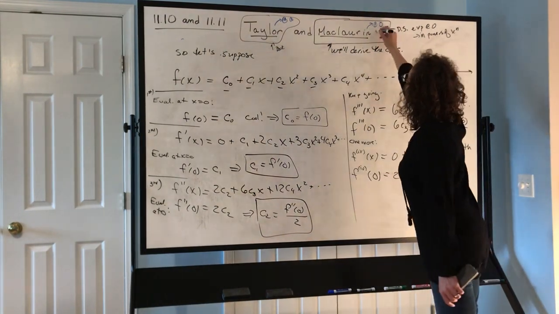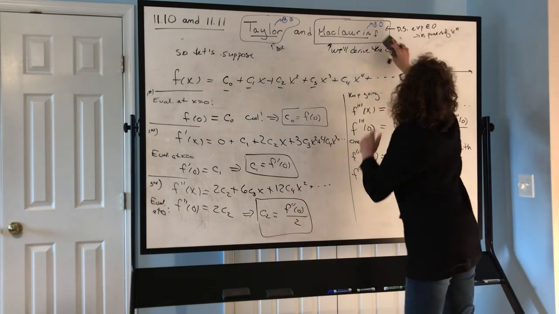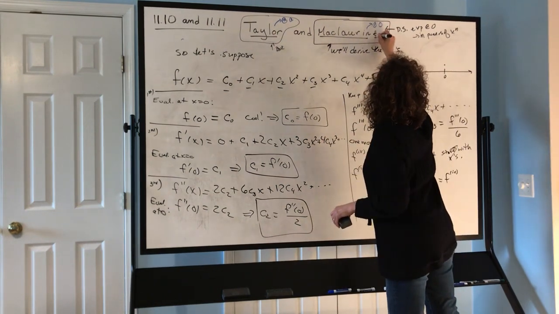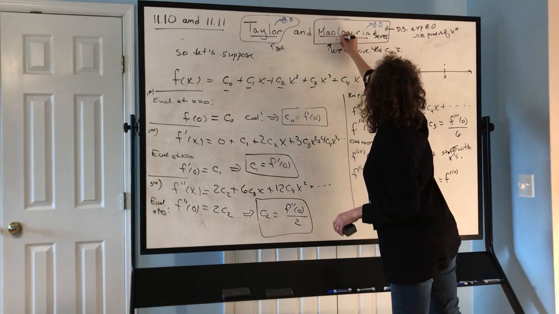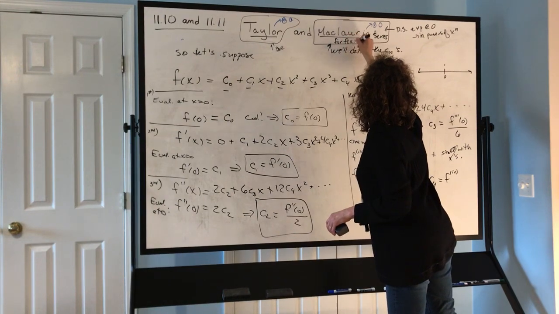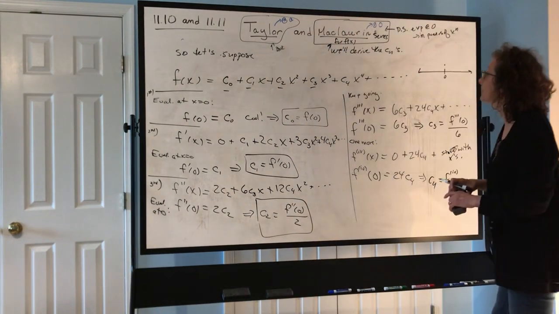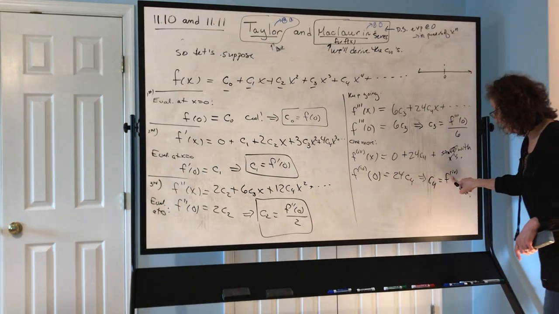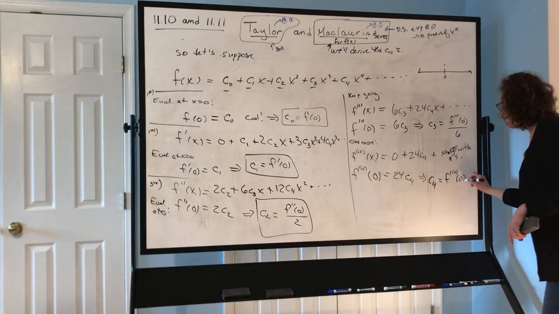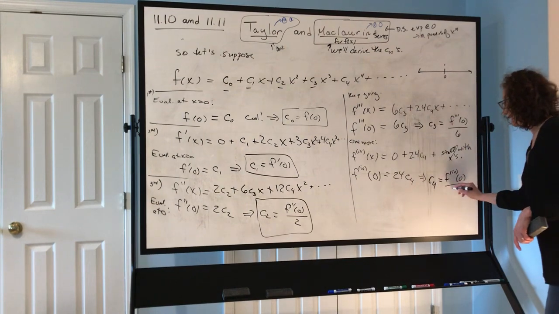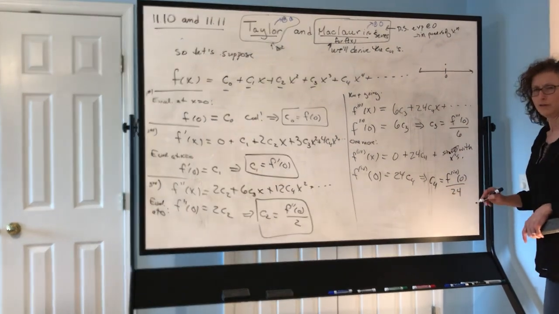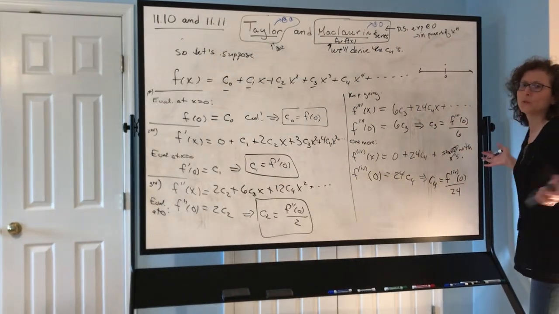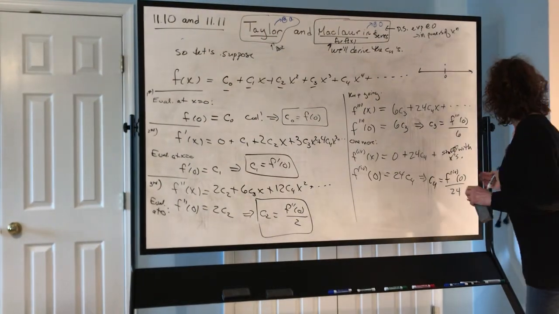So we're doing the Maclaurin series for f of x. That's what we're doing right now, the Maclaurin series for f of x. Take the fourth derivative, evaluate it at 0, and then divide by 24. What a random number, 24. 6.